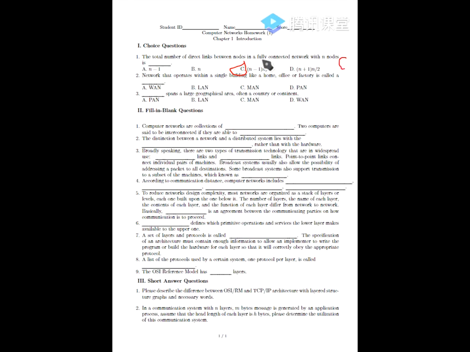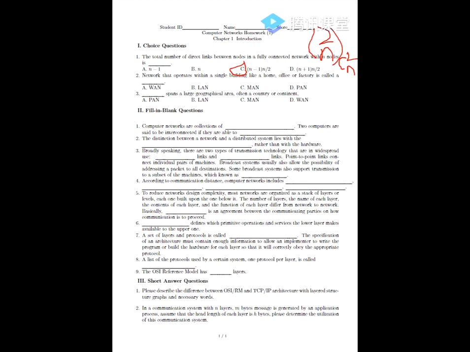The fully connected is C(n,2), right? C(n,2), or n squared?